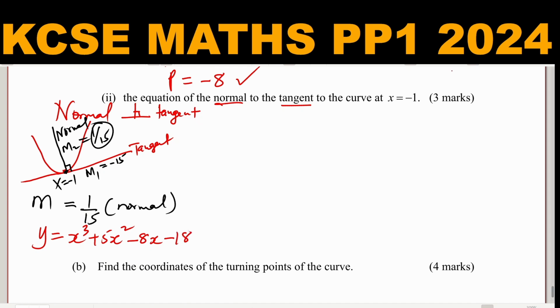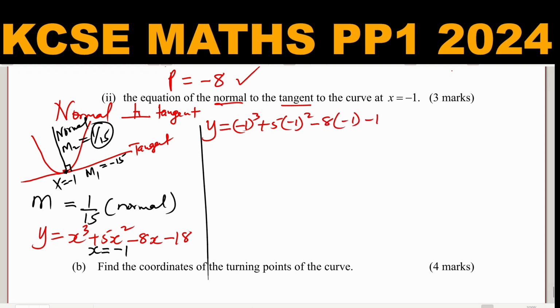So we need to get this point. When x equals -1, what is the corresponding y value? Just substitute: (-1) cubed plus 5 times (-1) squared minus 8 times (-1) minus 18.